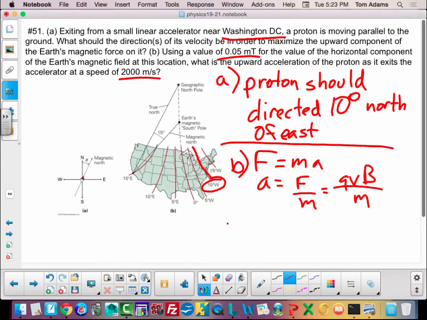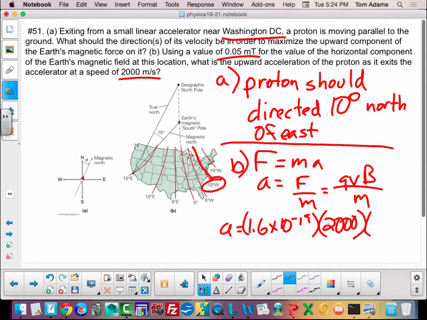So if I wanted to find the acceleration of this thing, I would simply write down the charge of a proton, which is 1.6 times 10 to the negative 19 coulombs, and I'm just going to omit the units, times the velocity, which we said was 2,000 meters per second. I'm going to omit the units because I'm running out of space here.